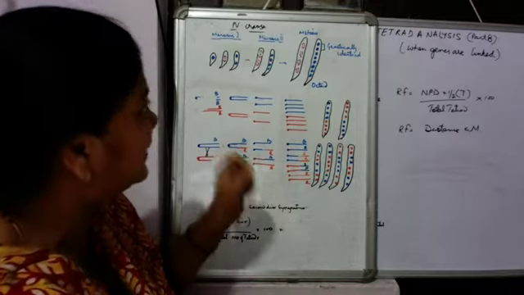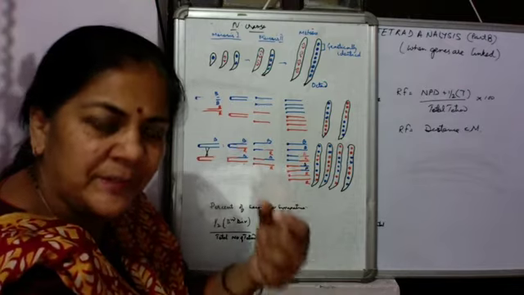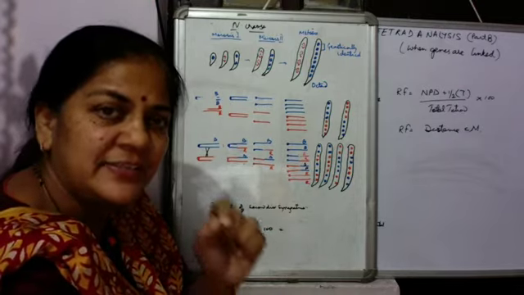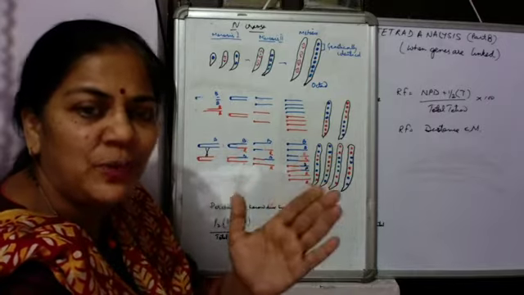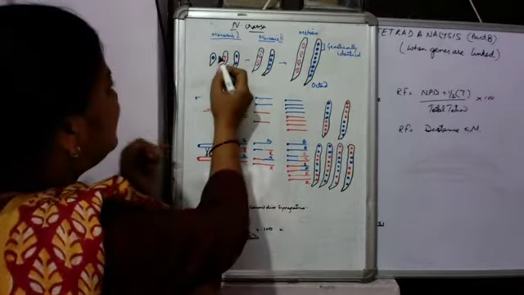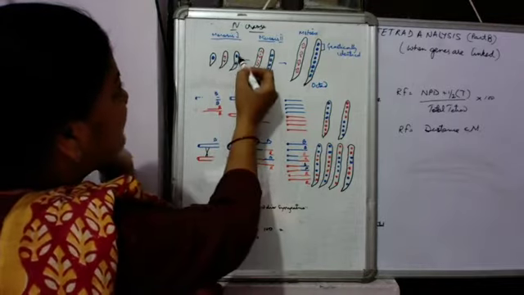Also you can see that the ascus is a very elongated structure, and its diameter is such that spores can only move in one direction; they cannot cross each other. So if this is a diploid cell, this is the spindle fiber, and it gives rise to 2 cells.